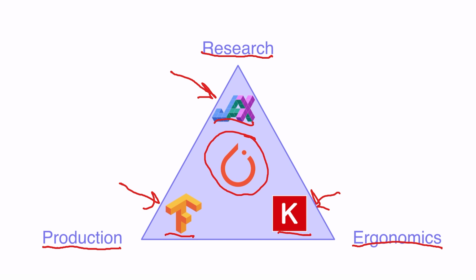And the reason why I keep coming back to PyTorch is it does all of these well enough and it doesn't need me to switch between frameworks or context switch between APIs or deal with a lot of back and forth between different libraries, since most of what I do touches a little bit on all three of these.